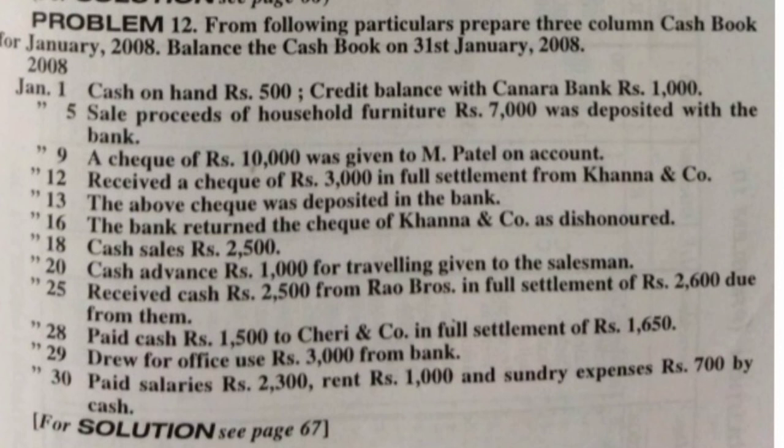In all these entries the cash is on the credit side, so credit the cash column with rupees 2300 salaries, 1000 rent and 700 sundry expenses. Now total the discount columns and balance the cash column and bank column. You will get the balancing figure as on 31st January 2008, whatever they have asked in the question.